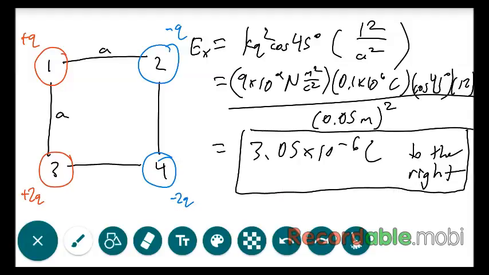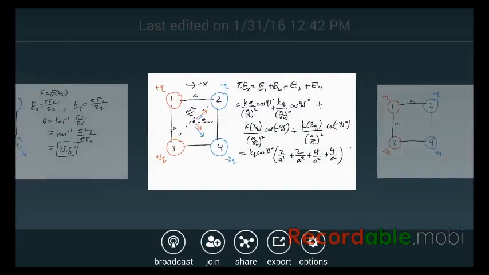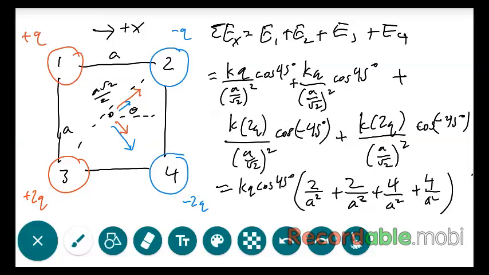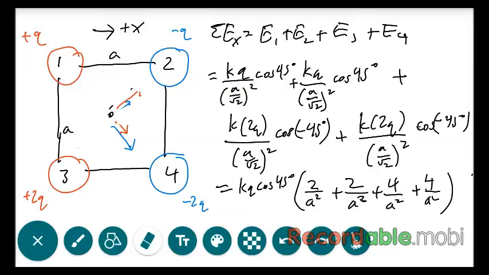Okay, and you may be wondering, what about the y component? If we go back and look at this problem, it is going to be almost exactly the same process as finding the component in the y direction.